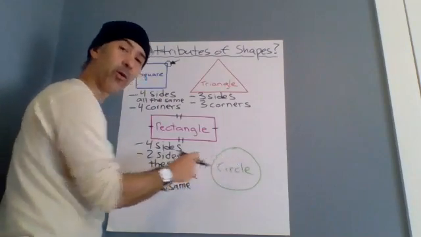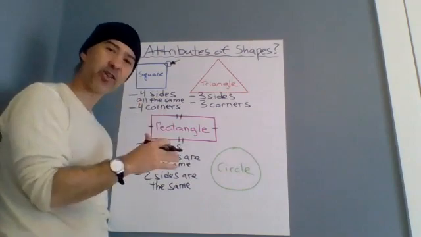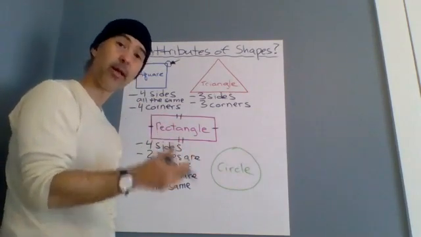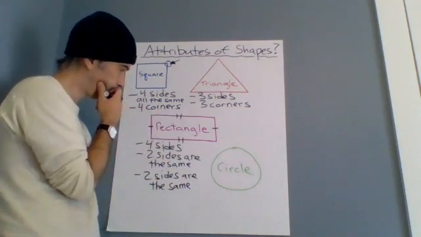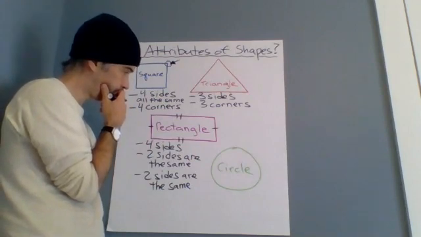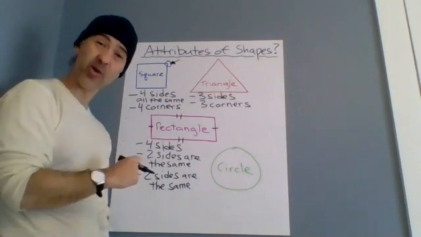What about a circle? What are the defining attributes of a circle? What makes a circle a circle? Well, are there any corners in a circle?